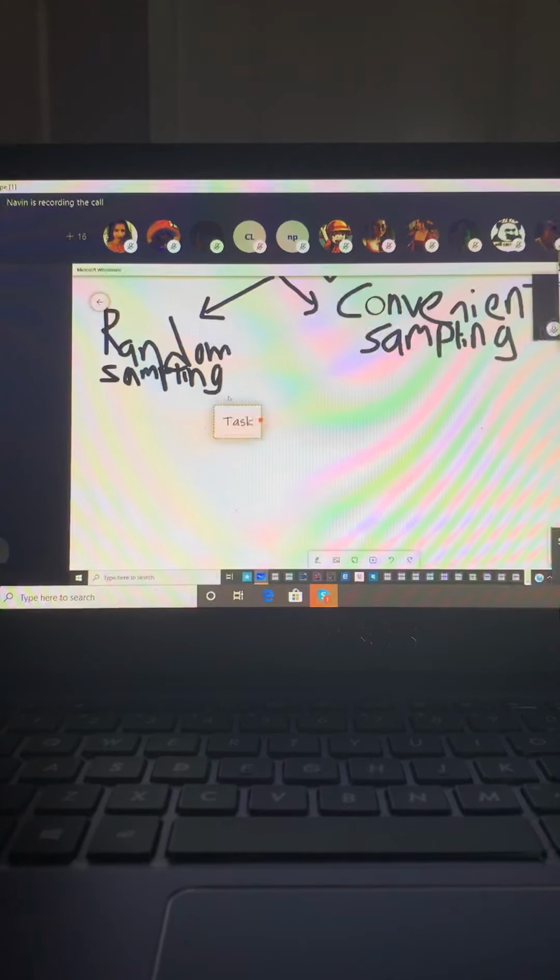Okay, for task number 2, first thing you need to do literature review, which, okay, I will teach you next week. Then you can do conceptual framework. So draw the box.